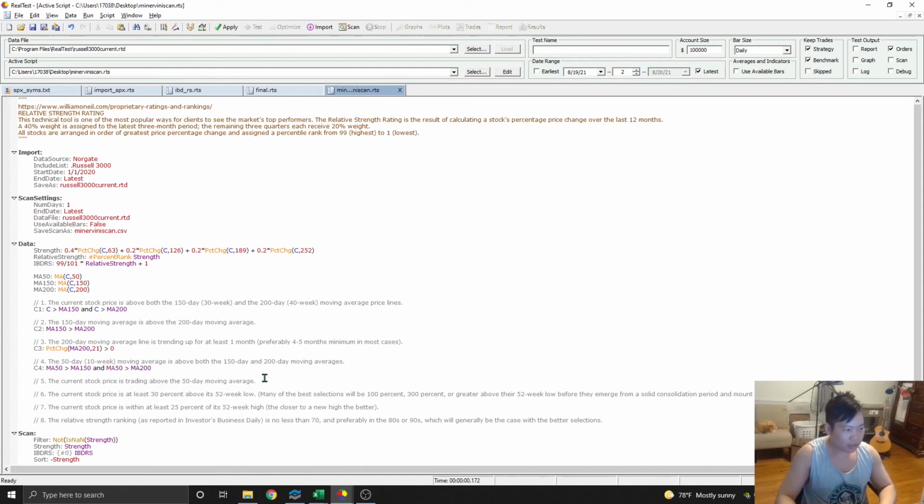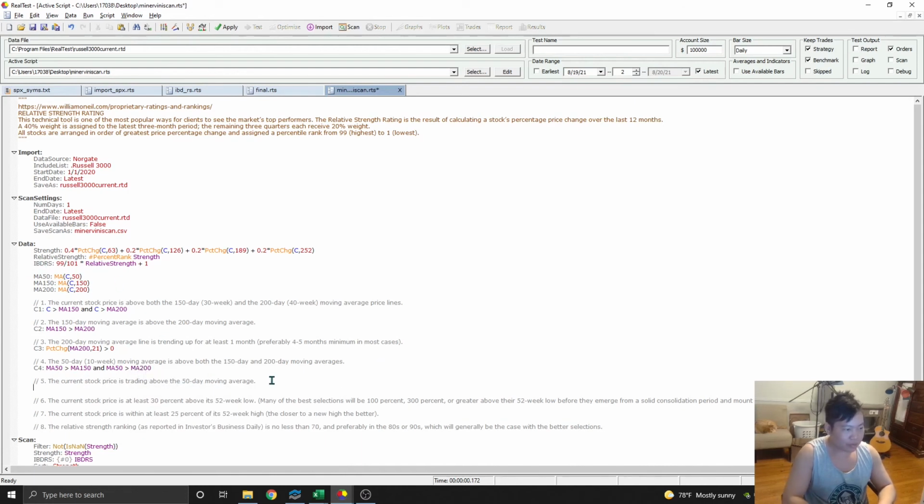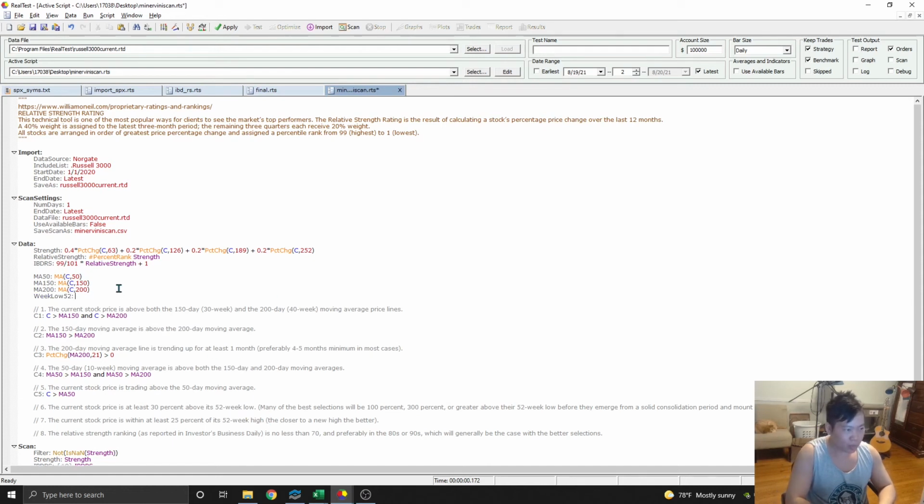Alrighty, current stock price is trading above the 50-day. So price is above the 50-day. Current stock price is at least 30% above its 52-week low. So we're going to need a 52-week low and a 52-week high. We're going to take the lowest low of 52 weeks, or 1 year, or 252 days.